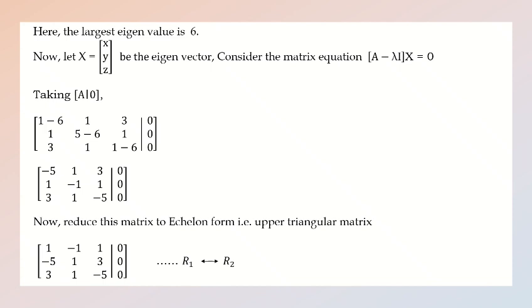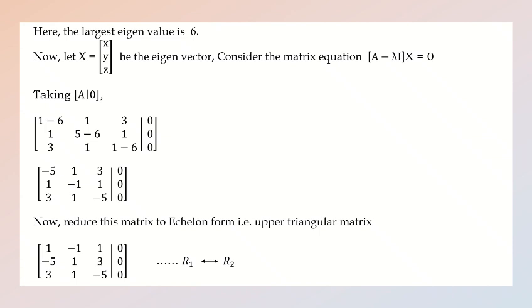Consider the matrix equation A minus lambda I into capital X equal to 0. Taking the augmented matrix A, 0, we get the following matrix, in which we have subtracted the value of lambda, that is 6, from the principal diagonal elements. So 1 minus 6 is minus 5, 5 minus 6 is minus 1, and again 1 minus 6 is minus 5.